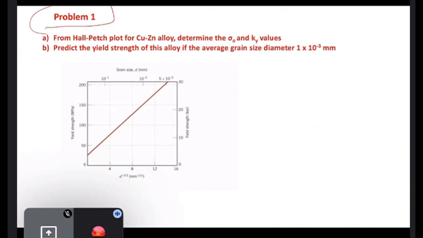You see a plot over here, and part A of problem 1 says, from the Hall-Petch effect, this is a Hall-Petch plot for a copper-zinc alloy, determine sigma naught and the constant k values from this plot. Now my first question before this: here it is called a Hall-Petch plot. Agree?